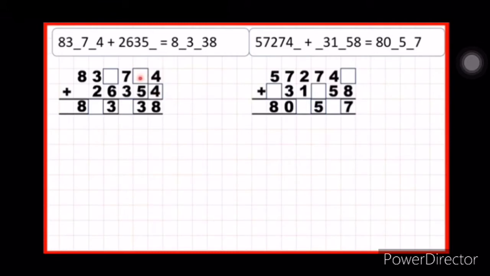But now, when we move on to our tens column, we have something plus 5, but we only have a 3 in our answer. So they haven't added to make 3. They must have added to make 13, and then written the first digit, 1, above the next place value column along. Now 8 plus 5 is 13, because 13 minus 5 is 8. So our missing digit here must be an 8.